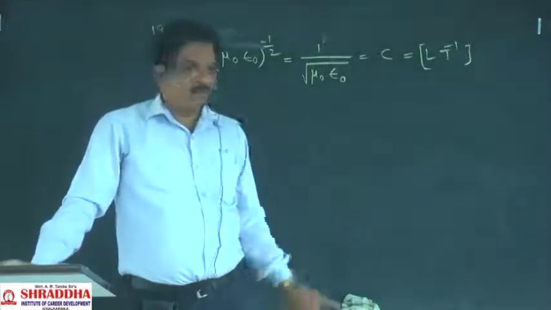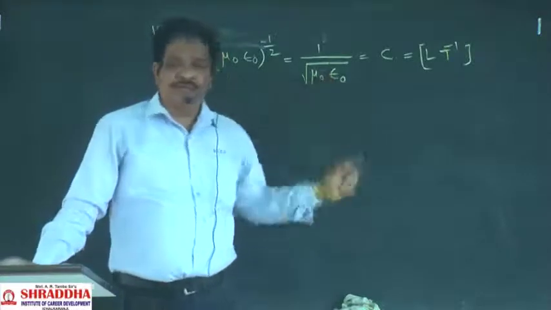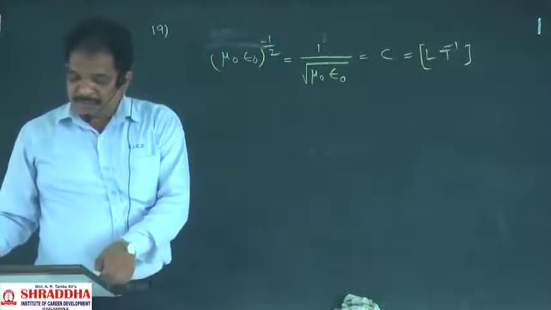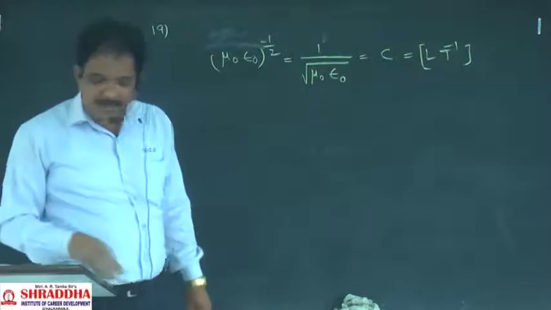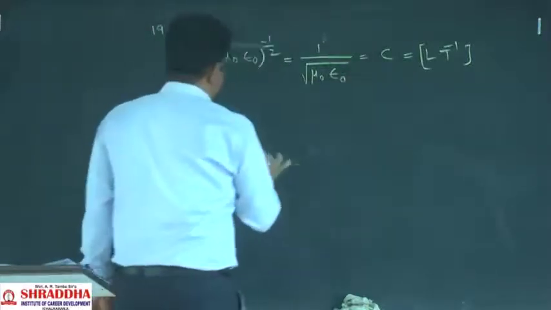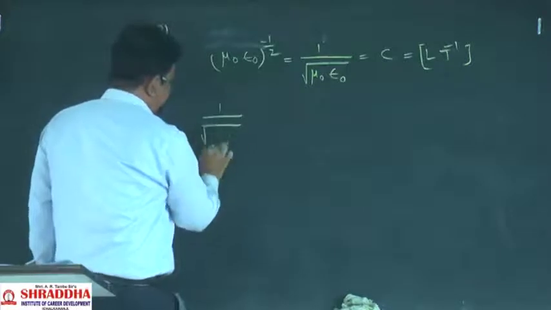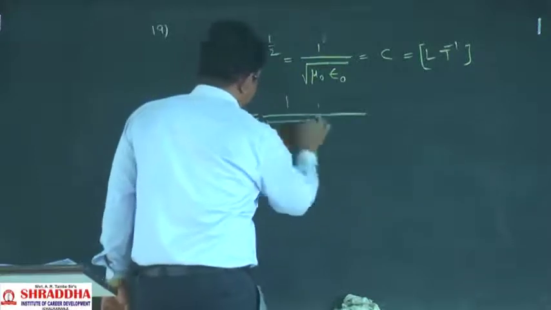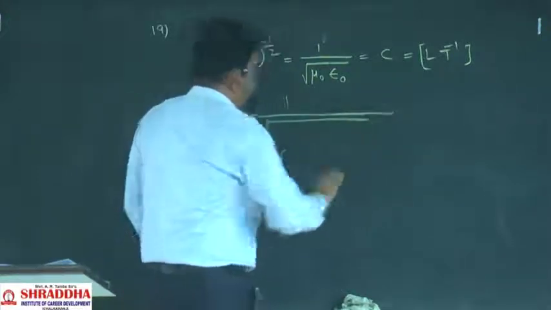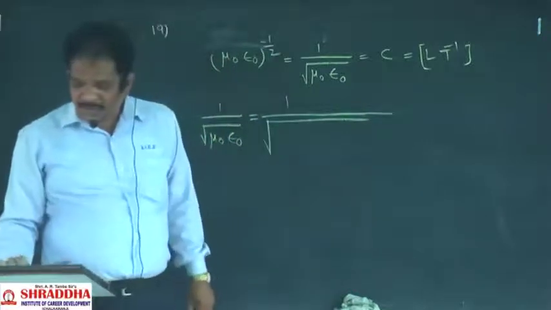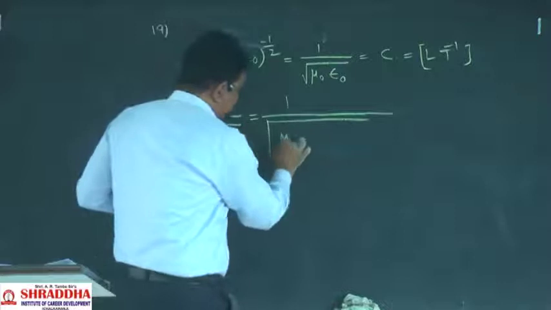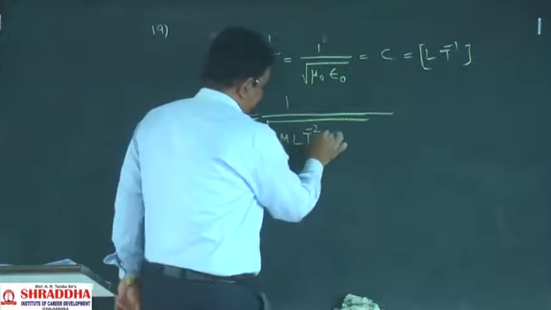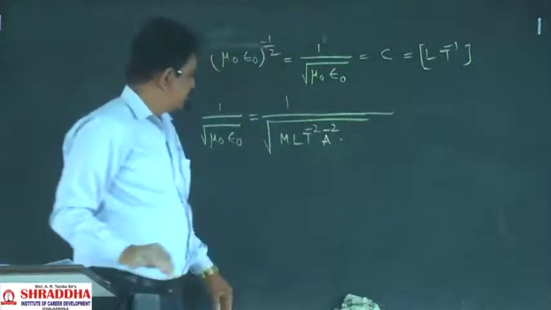L T power minus 1. Or we can substitute the dimensions of mu naught and epsilon naught. You will get the same answer. Magnetic permeability mu naught dimensional formula will be M L T power minus 2 A power minus 2.